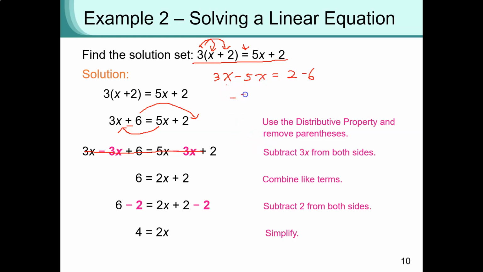Subtract this 2, you'll get a negative 2x. Subtract this 2, you'll get a negative 4. Now we divide by negative 2 on both sides. So x equals 2. So we have a particular solution. So this is a conditional equation. I hope that makes sense to you.